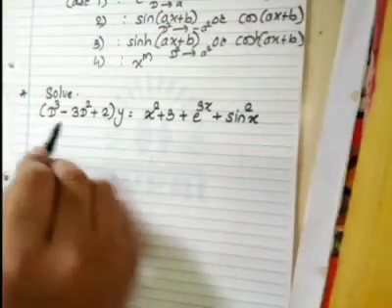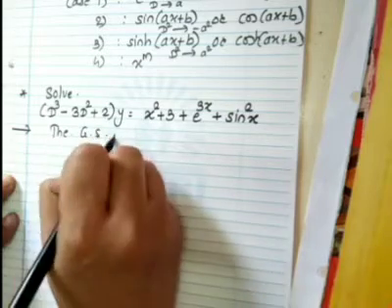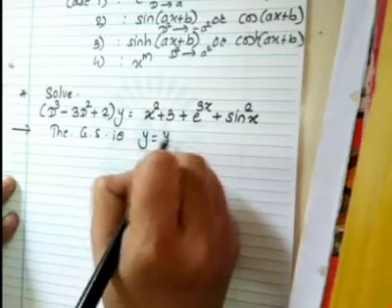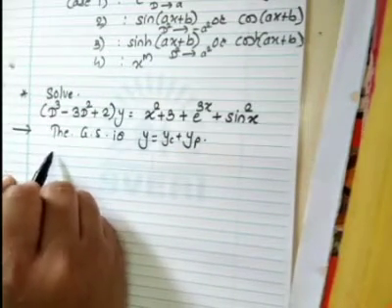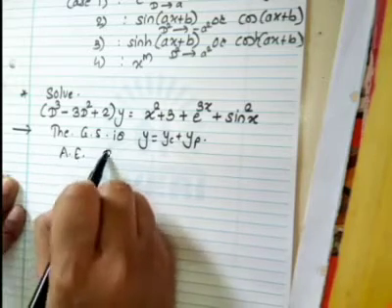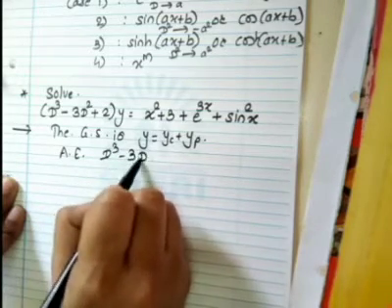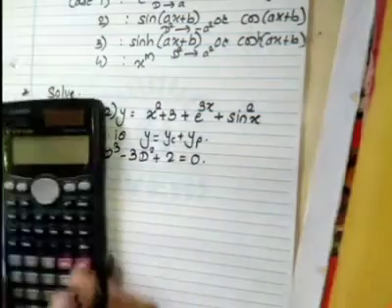So we'll start to solve. The general solution is y is equal to yc plus yp. To find yc, we need to consider the auxiliary equation, that is D cube minus 3D square plus 2 is equal to 0. Can you solve and tell me the roots?